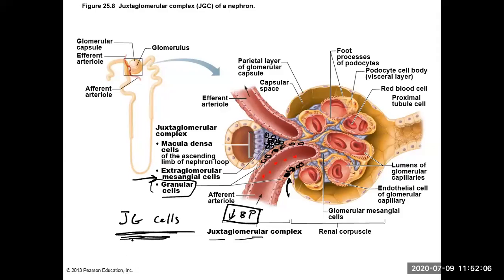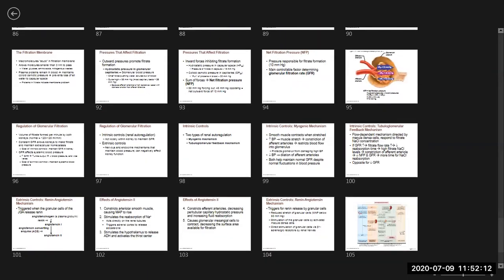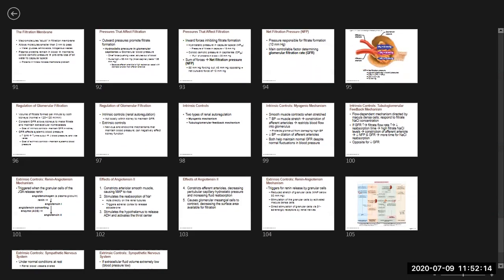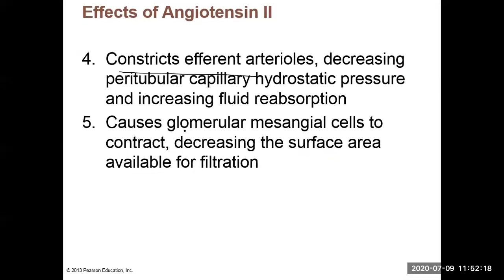Again, this is an apparatus next to the glomerulus, obviously. So when it says glomerular mesangial cells to contract, basically they're squeezing, right? So when they're squeezing, they reduce the surface area, and therefore there's going to be less chance for filtration.